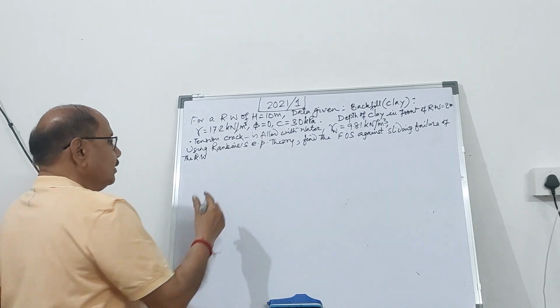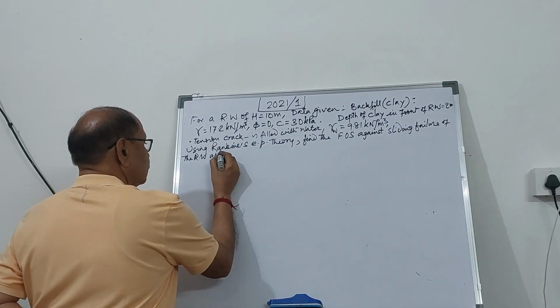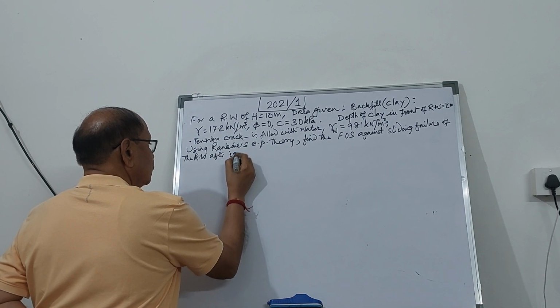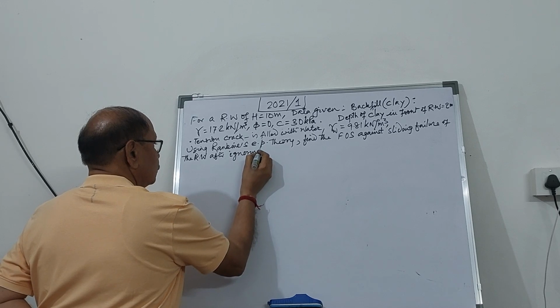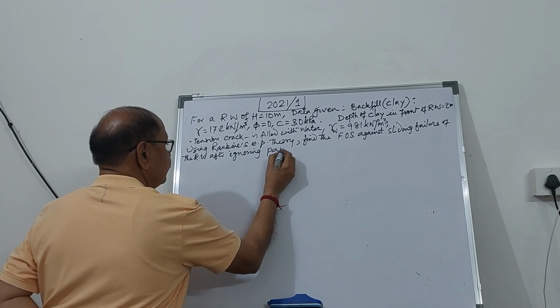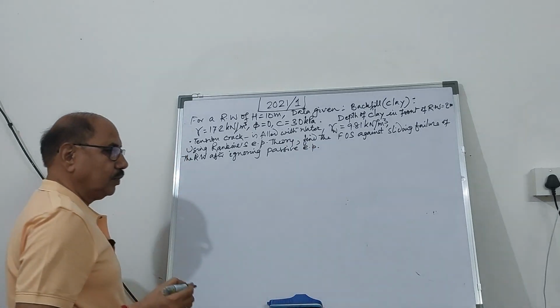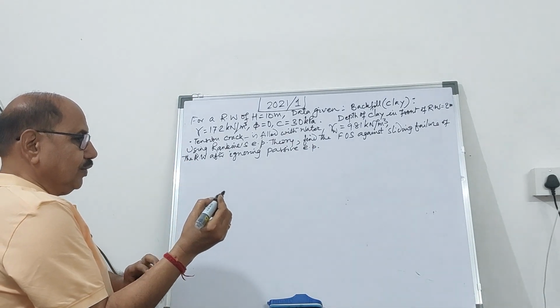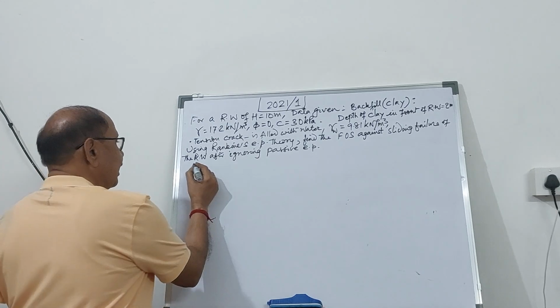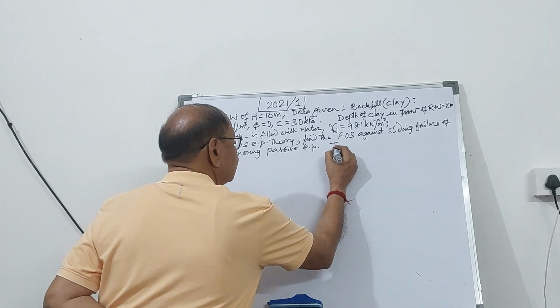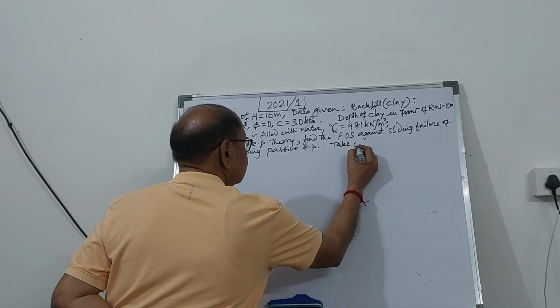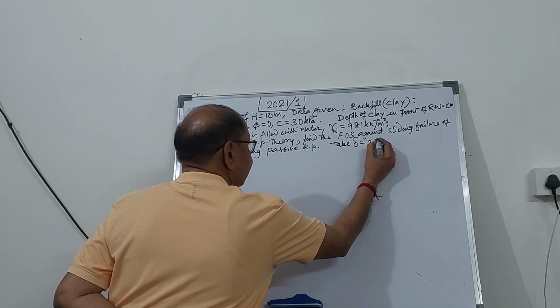After ignoring passive earth pressure, and we have to take delta equal to 20 degree.